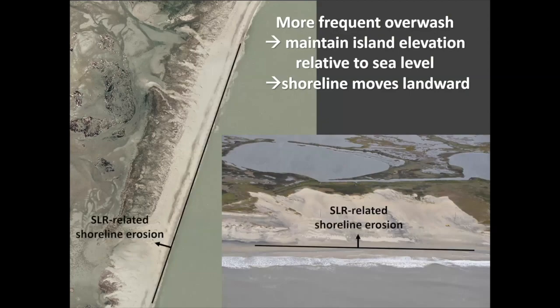And in removing sand from the beach and the dune, overwash actually results in shoreline erosion. So when we talk about shoreline erosion, there are several factors that cause it to occur, but the removal of sand from the beach and the dune through overwash is one process by which a shoreline is moved landward as islands maintain elevation relative to sea level.